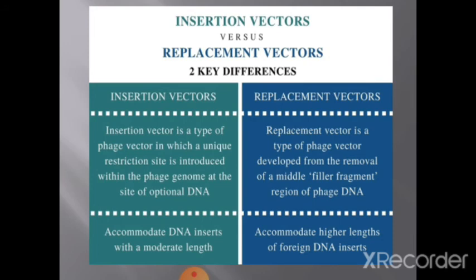Two key differences: an insertion vector is a type of phage vector in which a unique restriction site is introduced within the phage genome at the site of optional DNA, whereas a replacement vector is developed by removal of a middle filler region of the phage DNA. Second, replacement vectors accommodate larger foreign DNA inserts than insertion vectors.